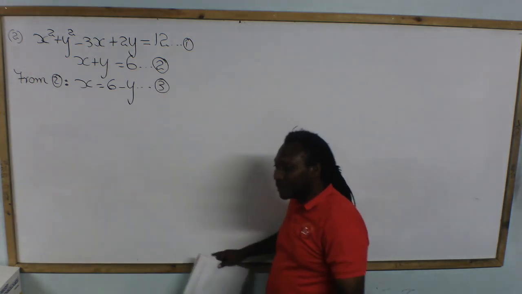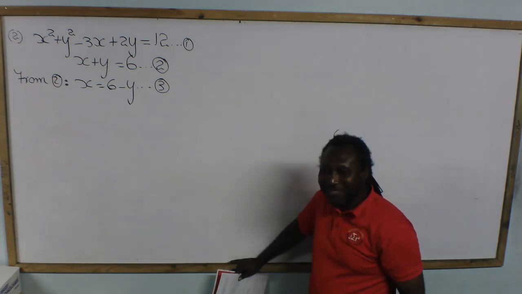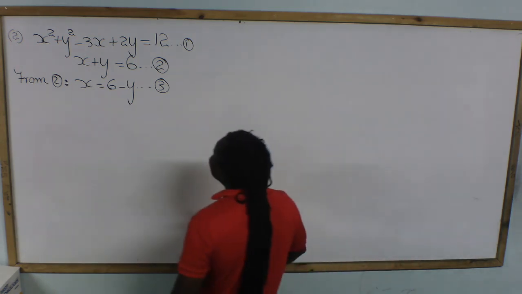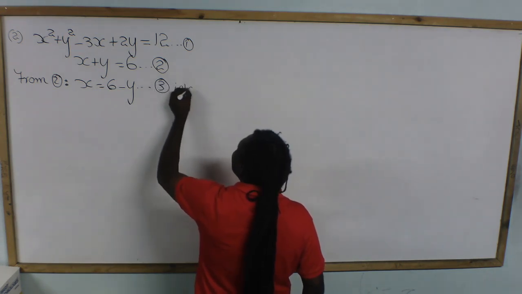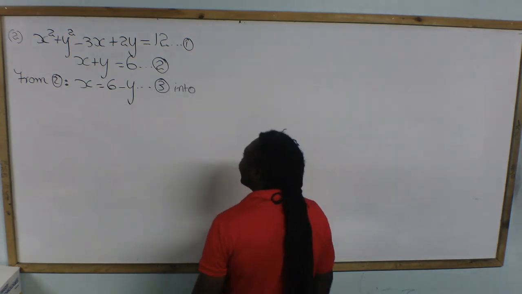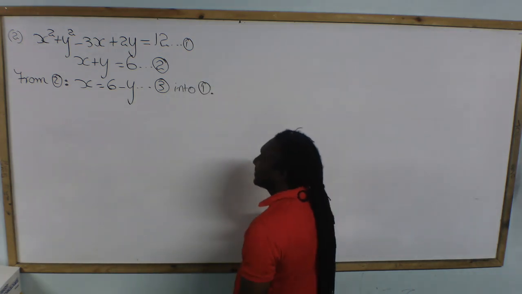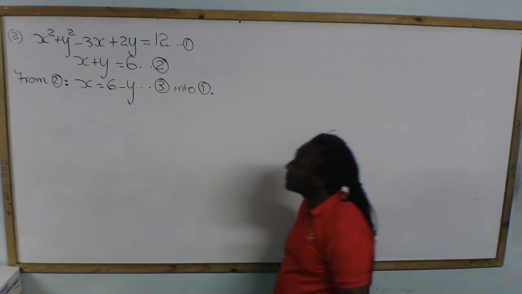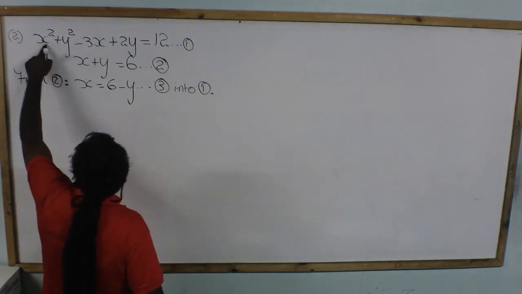Students, it's a substitution problem. We are accustomed to making substitutions. So here we go. Into equation what? 1. Yes, we expect it to be y on the board. So let's put that into equation 1.